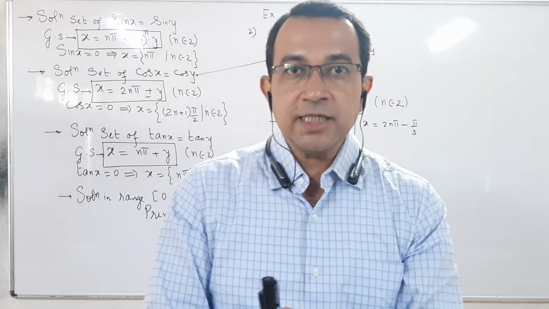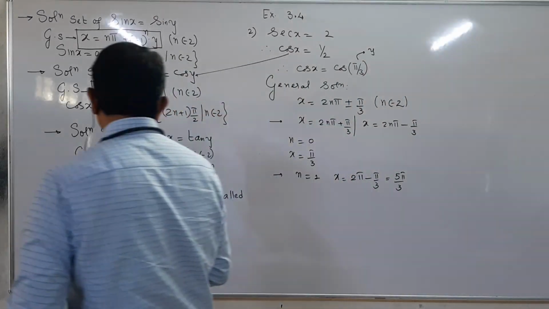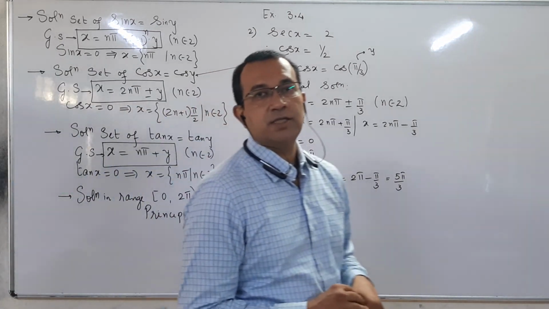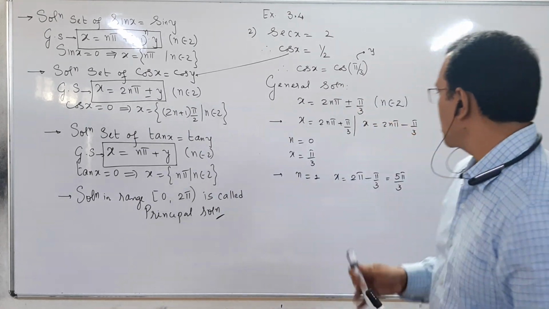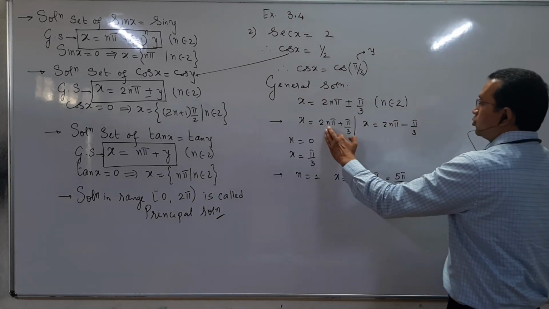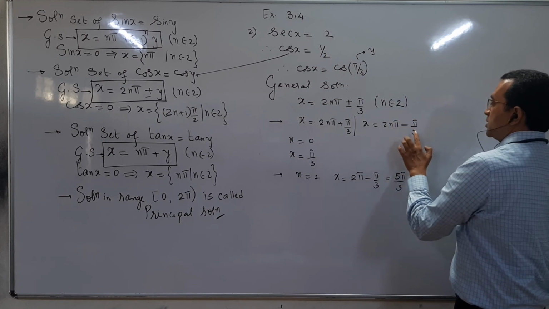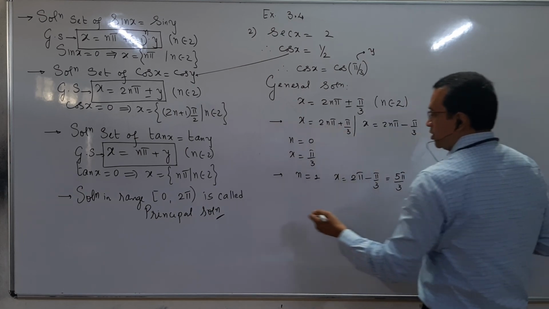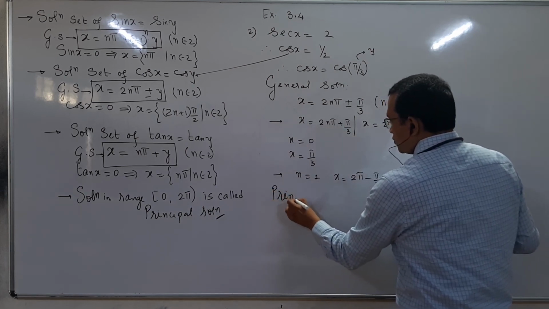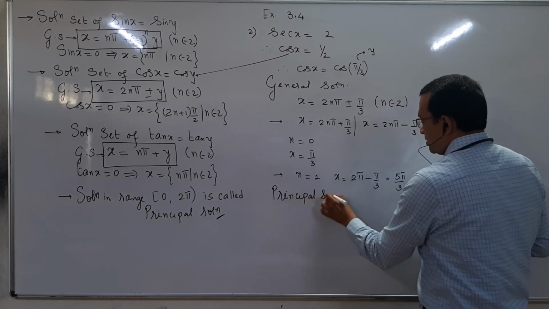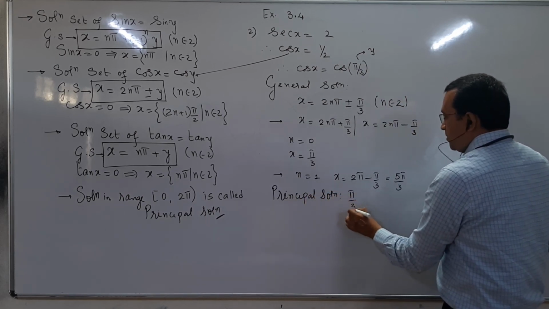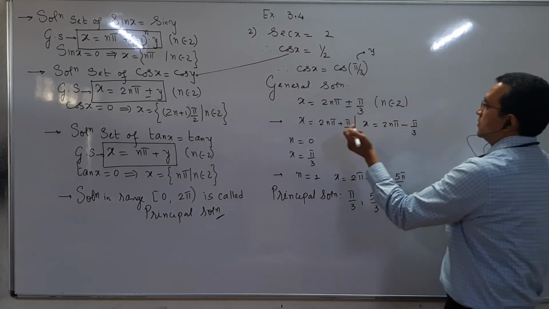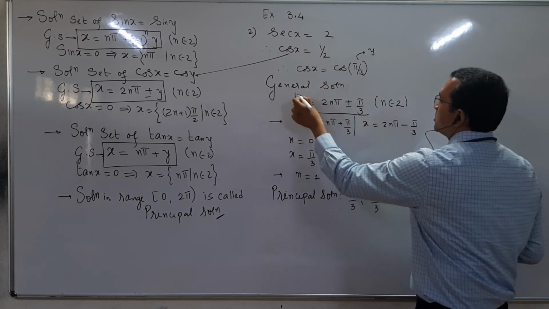But the condition and criteria is that it should fall within the range 0 to 2 pi. If I take n is equal to 2, then this will be 4 pi minus pi by 3, which extends above 2 pi, so it doesn't fall. So the principal solutions are pi by 3 and 5 pi by 3, and this is the general solution.